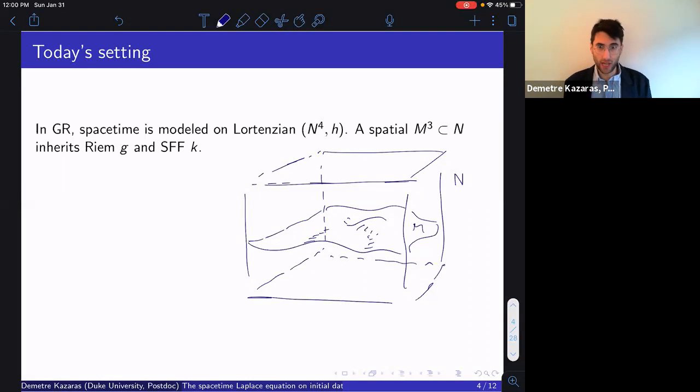So a spatial hypersurface in a Lorentzian 4 manifold inherits a Riemannian metric, and also it inherits a second fundamental form.